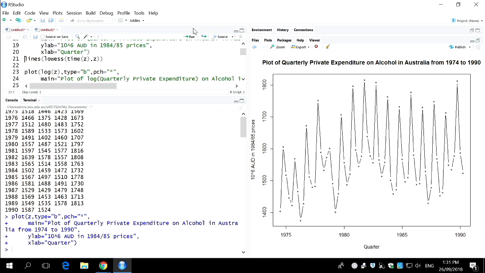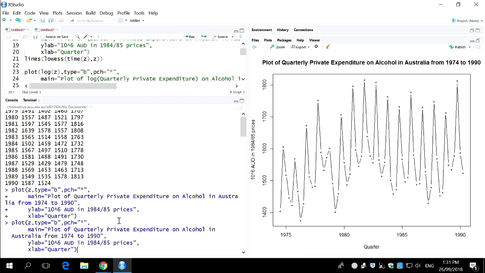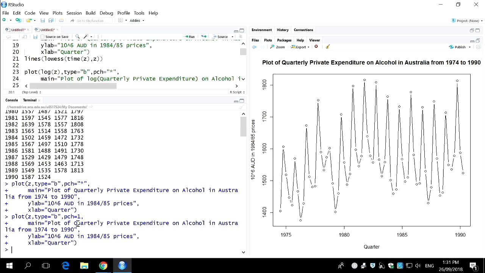So I just go plot of Z, type equals b. I've used plotting character equals a star here. I didn't have to use a star. I could have used, let's use pch equals 1. That'll give me little circles. Okay, it looks exactly like what we had before.